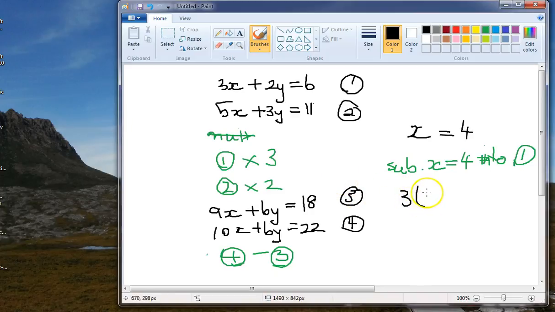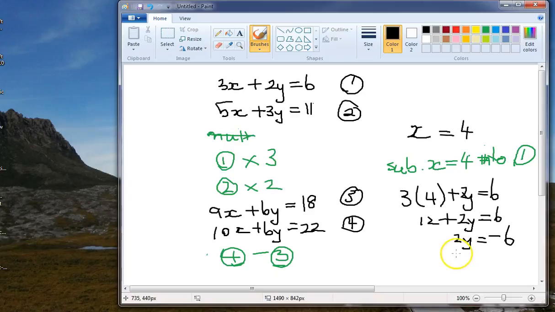3 bracket 4 plus 2y equals 6, 12 plus 2y equals 6, 2y equals negative 6, because we've taken the 12, which is positive, to the other side and made it a takeaway.